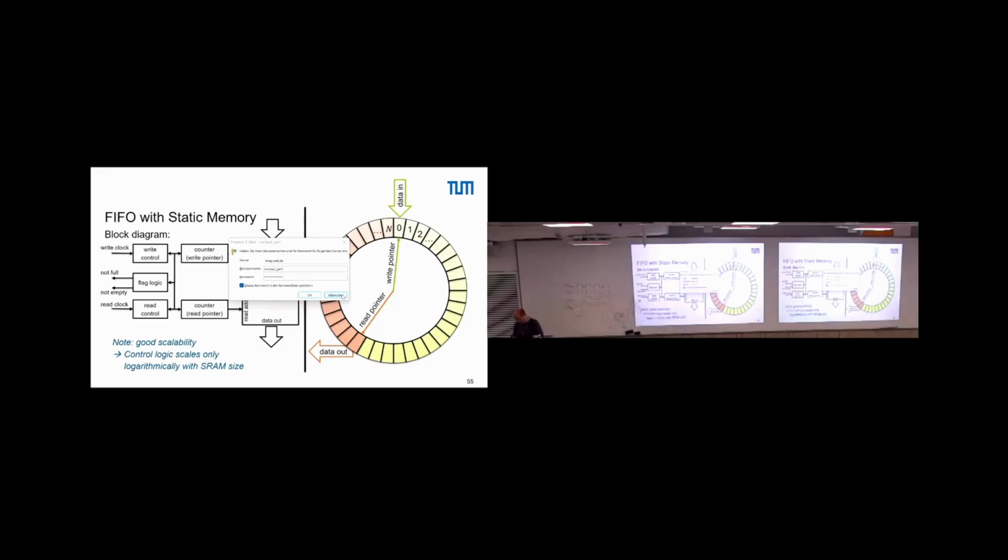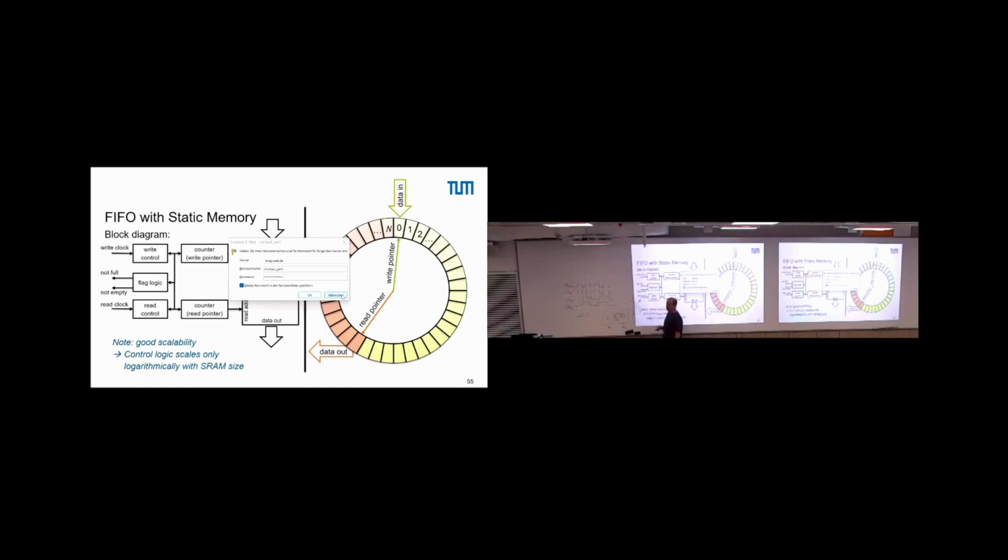And then we go further. We continue reading. At some point, when we reach n, as long as we don't write in the meanwhile, we have to trigger the empty signal. This is triggered by a read clock and evaluated in the read domain.